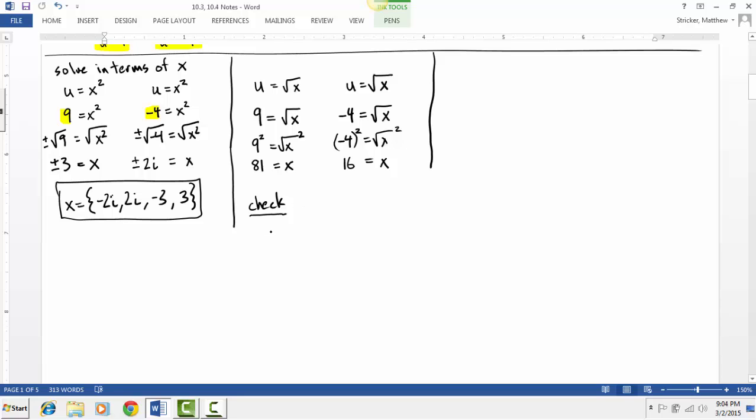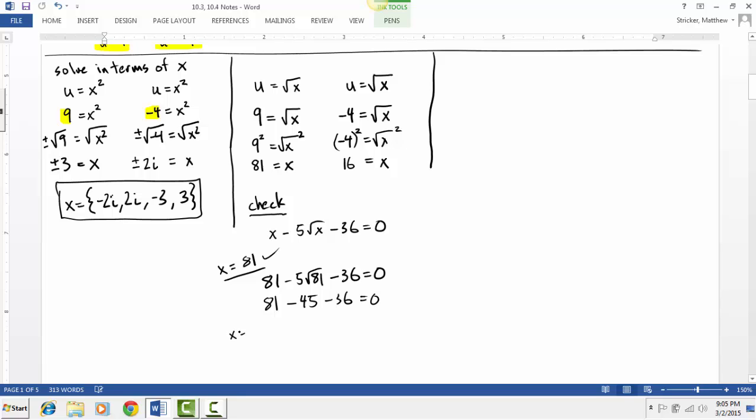It was x minus 5 square root x minus 36 equals 0. If I check x equals 81, this becomes 81 minus 5 times the square root of 81 minus 36. This is 81 minus 5 times 9, which is minus 45, minus 36. That is equal to 0, so that one's okay.